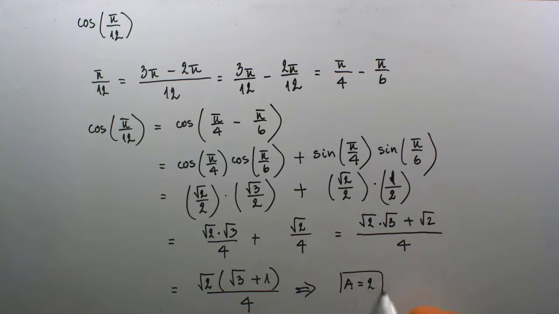That is now our answer. We have found what a is. And this can simply be regarded as 1 plus square root of 3. So our b value is here, b equals 3. And that's how we have found our two final answers, the values for a and b.